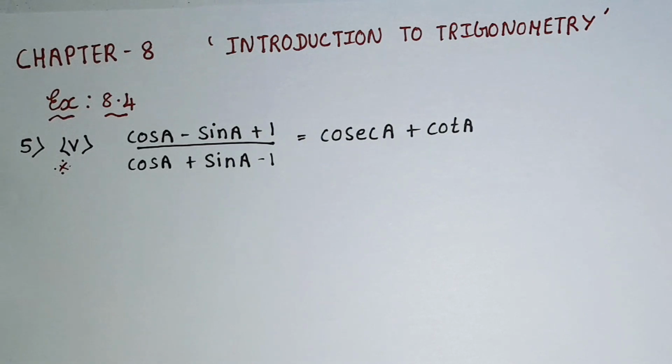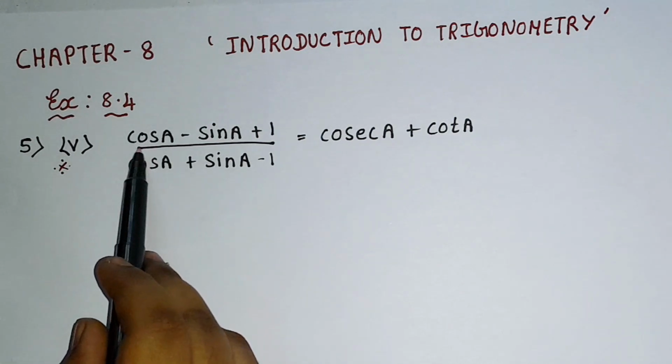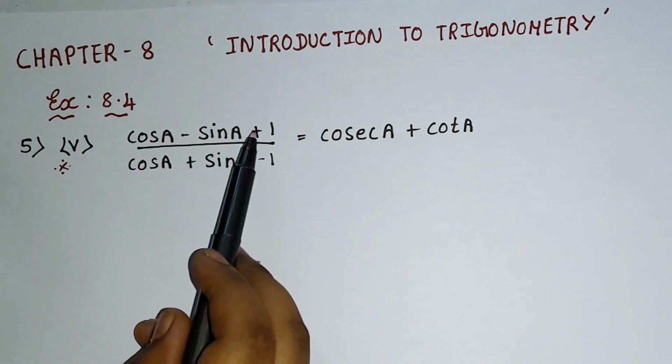Okay, all right. So first of all, when you just look at the question, here we have cos A, sin A and 1.